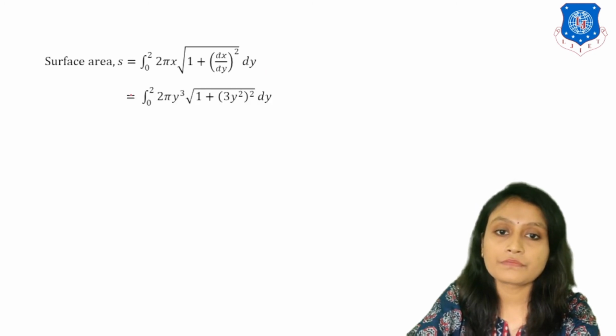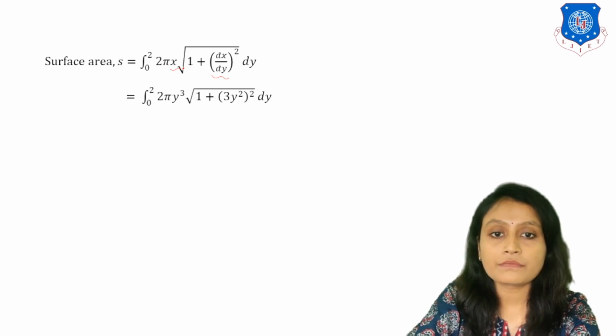Now we will substitute the value of dx by dy and x. We have x equals y cube, so here we will write y cube, and dx by dy is 3y square, so we have under root 1 plus (3y square) whole square dy.